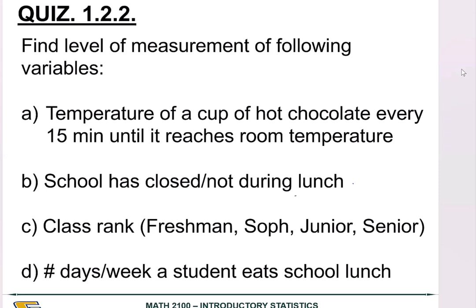Temperature of a cup of hot chocolate every 15 minutes until it reaches room temperature. In this case, you can see the temperature data has a name, a label. It has rank order: a cup of coffee at 100F is hotter than a cup of coffee at 70F.